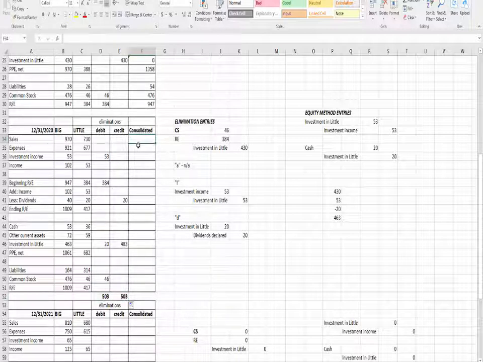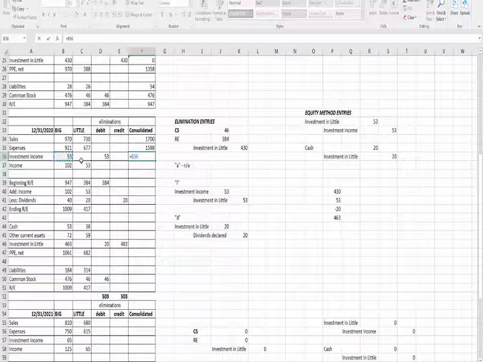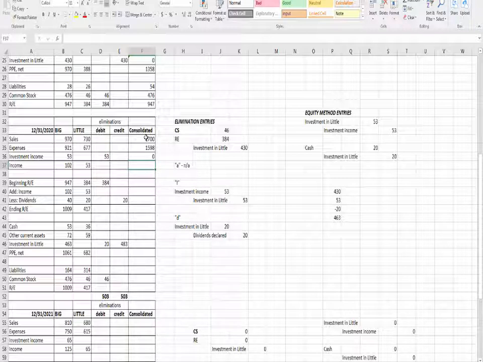So let's go ahead and work through our worksheet now. Sales, we simply add across. There are no adjustments. Expenses, we simply add across. There are no adjustments. Investment income, again, positive income would be a credit, so we've got 53 credit offset by a 53 debit. Now, something that's really important is whenever you get to a subtotal or a total or a calculation in the consolidated column, you want to be sure to work your way down.